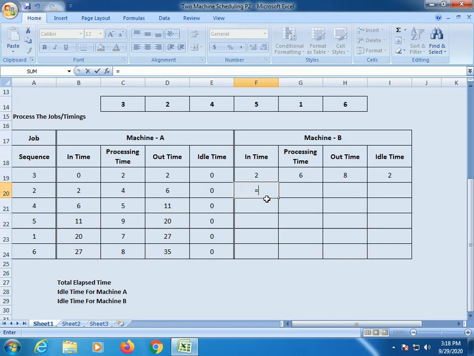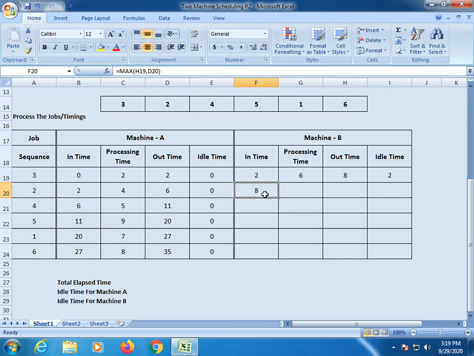So here, the max of the previous job out time of the same machine and the present job machine A out time. Which is max? That is the in time here.